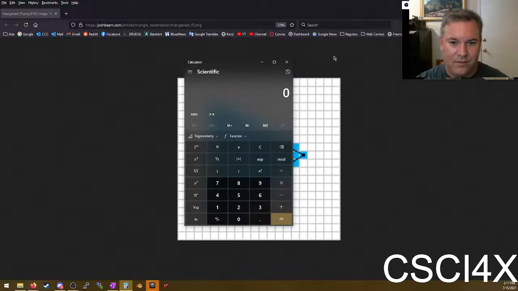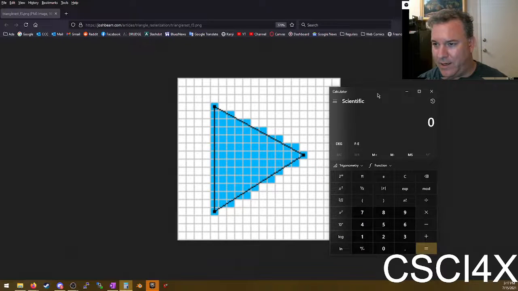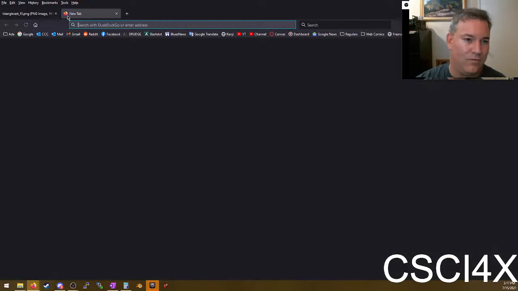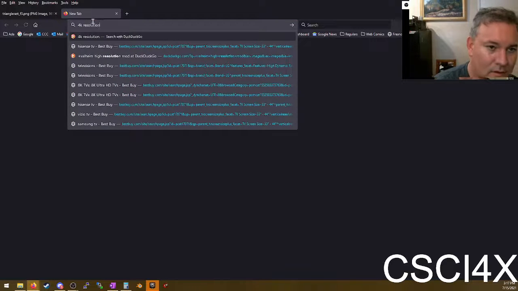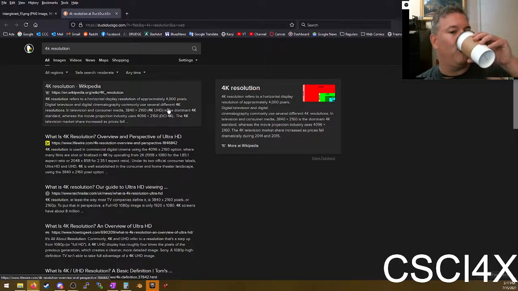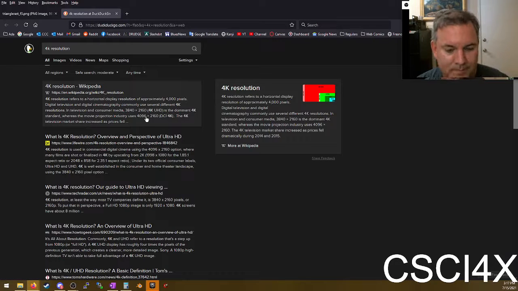So if we have 8 bits per color, that means there's 24 bits per pixel. And what's the actual 4K resolution? 3840 times 2160.